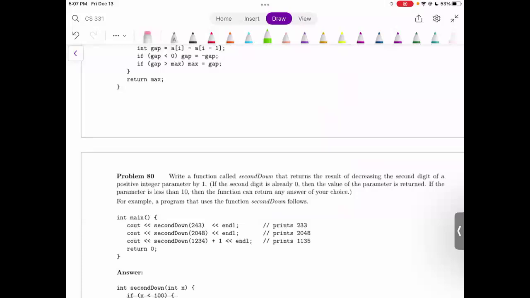Second down returns the result of decreasing the second digit of a positive number by 1. Okay, we can try this one if you like.